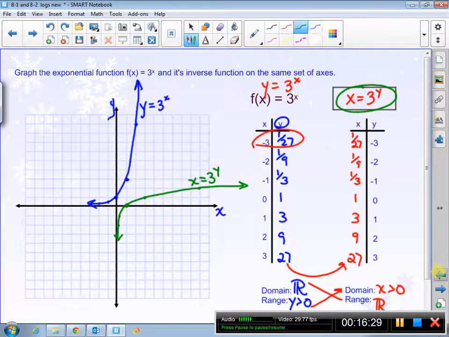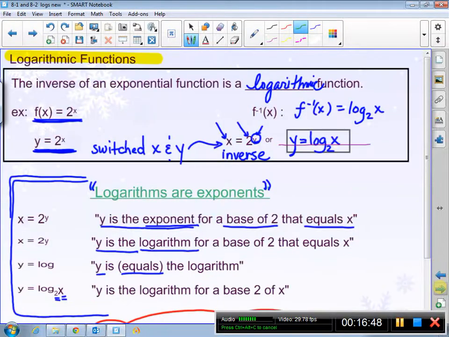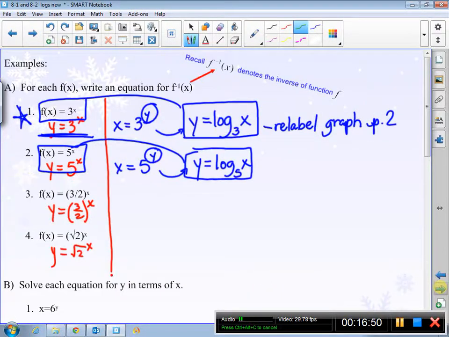So this graph that we had originally labeled x equals 3 to the y is the same as y equals log base 3 of x. And like I said before, you had graphed your first logarithm equation.